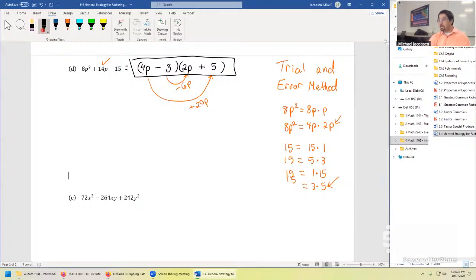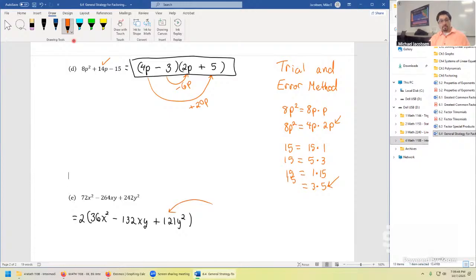So here's our first step on this one. Factoring out a 2 is going to leave behind 36x squared, then negative 132xy, and factoring out 2 here leaves positive 121y squared.